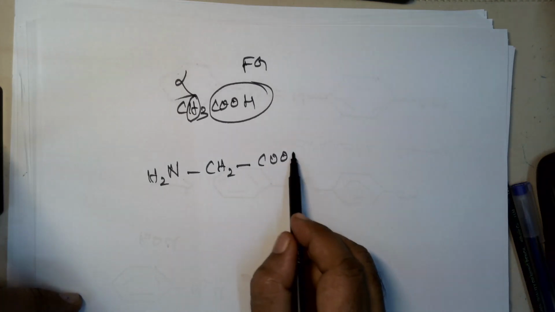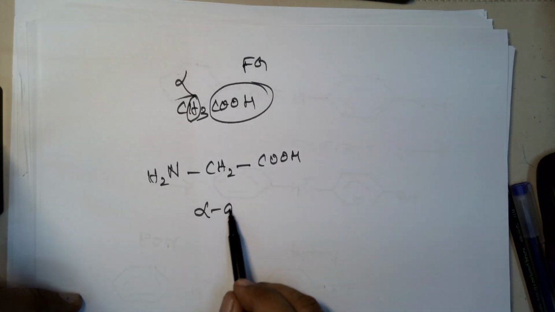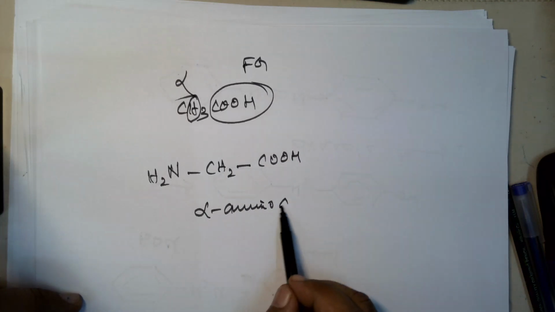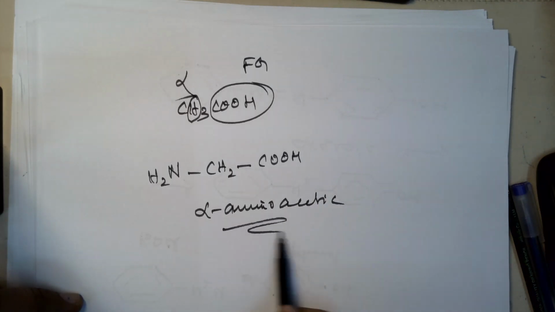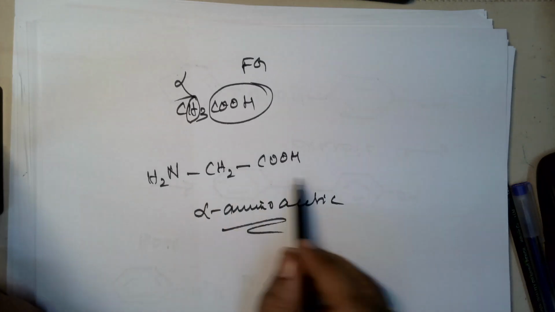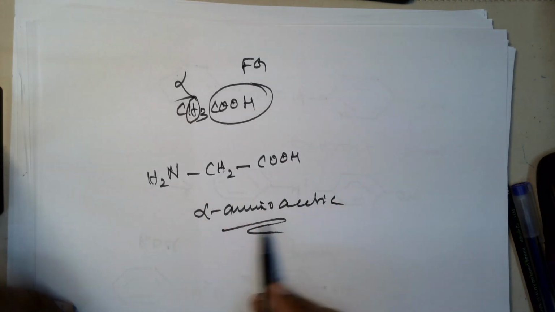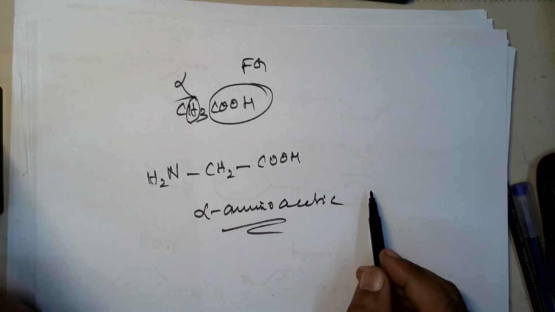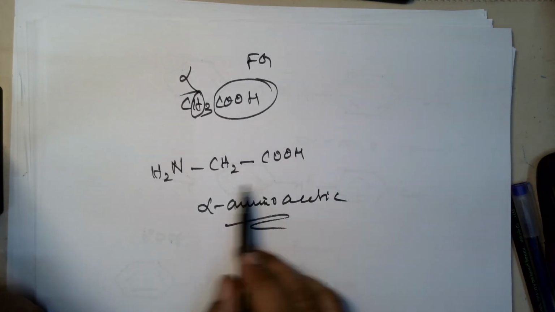So this is known as alpha amino acetic acid. This is helpful in forming biomolecules. It is the fundamental unit of proteins also, which we will be studying in biomolecules.